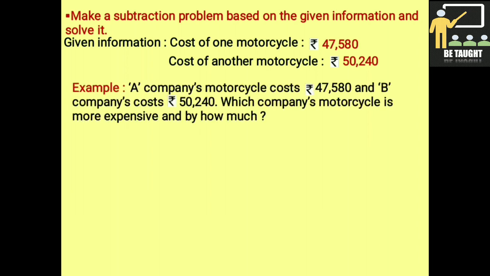The example: A company's motorcycle cost rupees 47,580 and B company's cost rupees 50,240. Which company's motorcycle is more expensive and by how much?